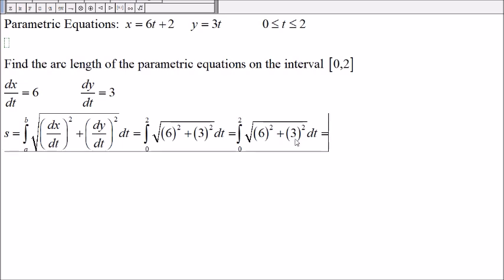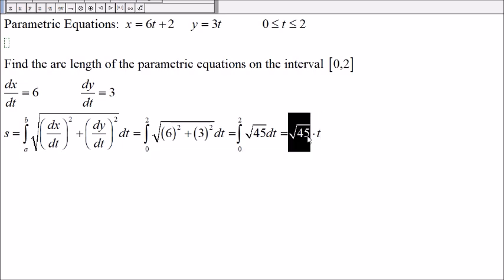This is 36 plus 9, which is 45. And then the antiderivative of the constant square root of 45 is the square root of 45 times t. And then we need to evaluate this from 0 to 2.